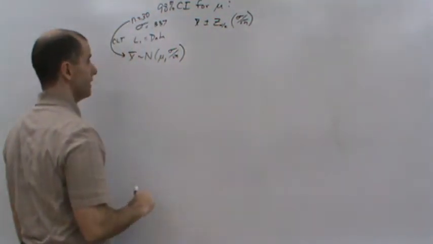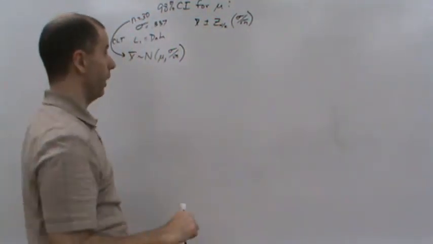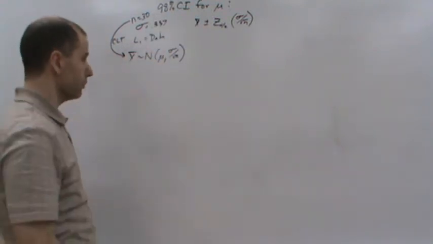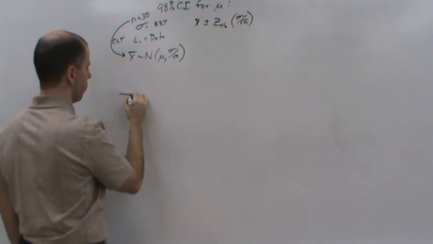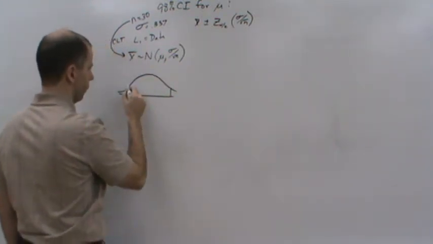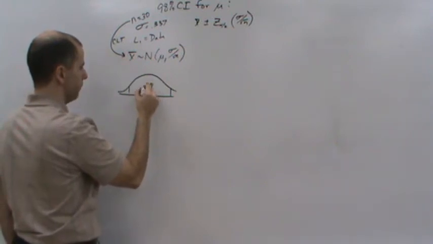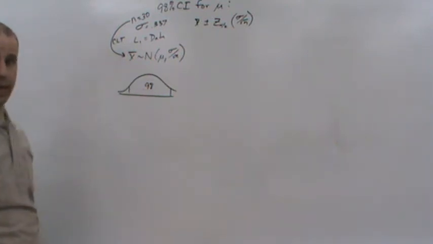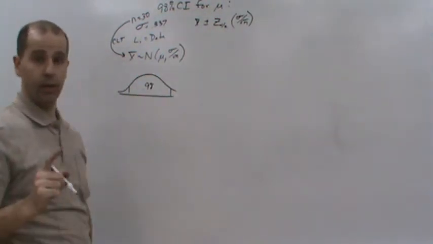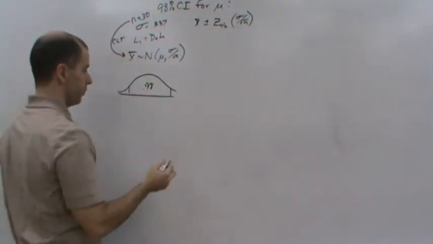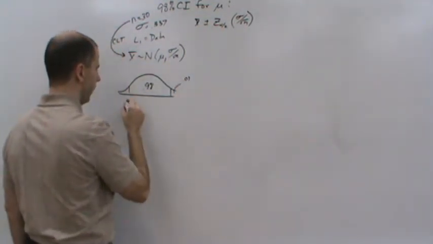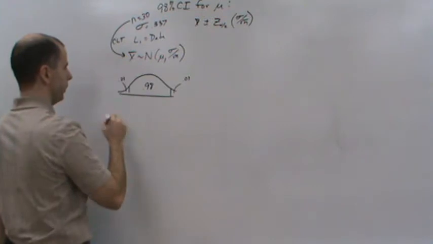So now, what is the z alpha divided by 2? Well, it's a 98% confidence interval. So again, if we draw out our picture, we know the middle has to be 98%, 0.98. So that means alpha is equal to 0.02. So then half of alpha goes here, so that's 0.01. Half of alpha goes here, 0.01.